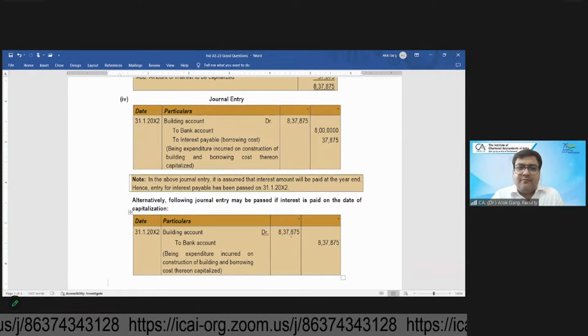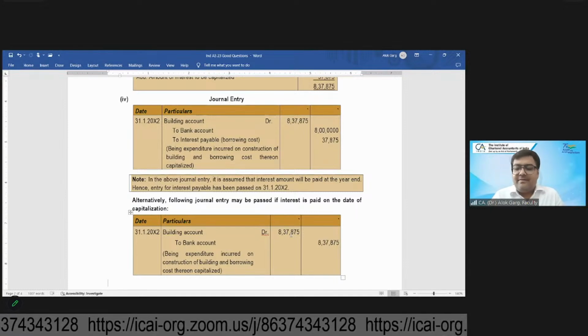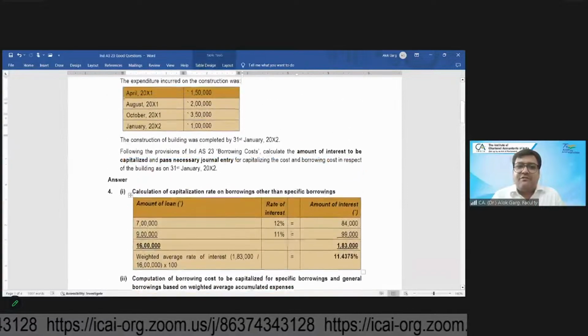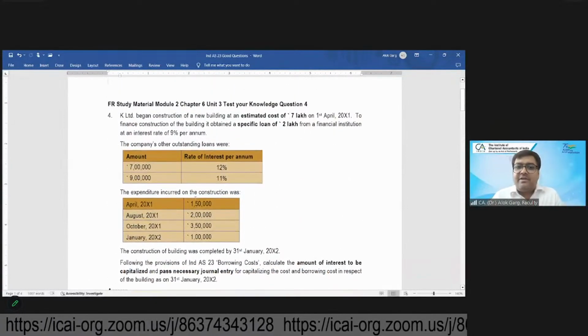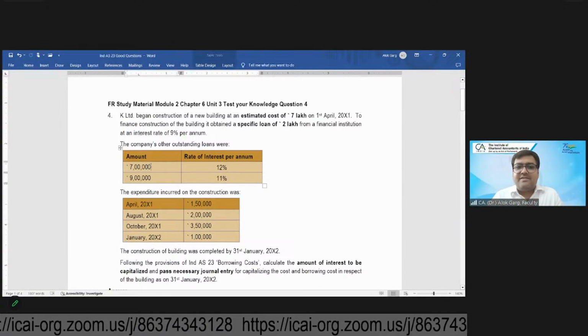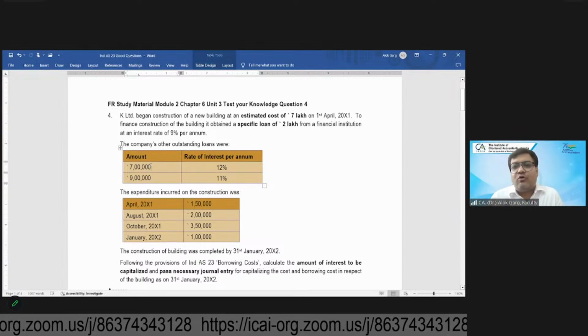Specifically on the 1st of April. Specifically on 1st of April, right? Yeah, and balance on the respective date. The question was silent about the general loan, but the question is saying that these other outstanding loans were there. It means these loans have been taken prior to that or on 1st April.